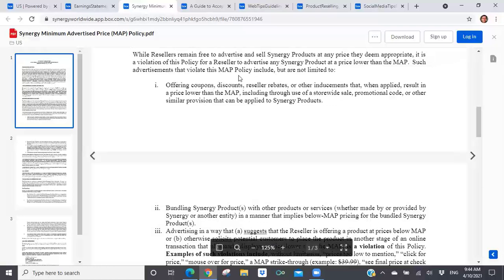Advertisements that violate this MAP policy include, but are not limited to, those. So no, you would not be able to show on your website that you could offer them a coupon or a discount or a sale on the Synergy products.